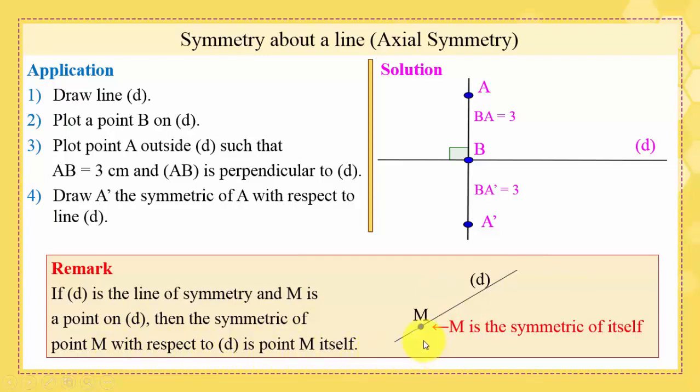My lovely students, if you put an object on the mirror, its image is on the mirror but from the different side or from the opposite side. Here, this is line D. Object M is on the line of symmetry, so its image is also on the line of symmetry. For that, we said that M is the symmetric of itself.